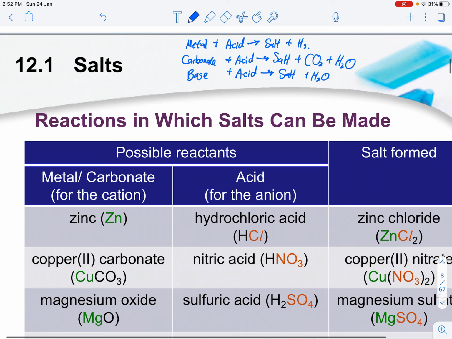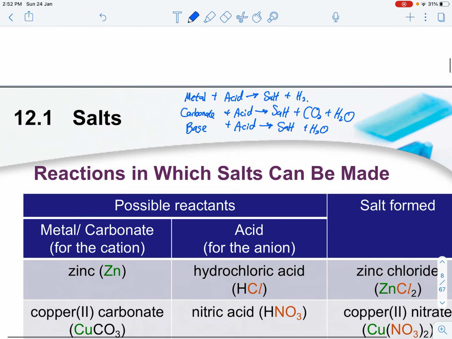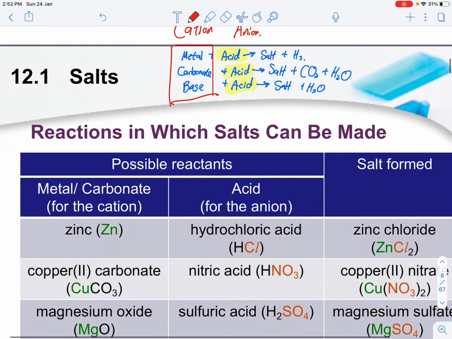So generally, these 3 reactions can fall into this category where the one that is consistent is the acid. Then of course the metal, the carbonate and the base will contribute your cation, and your acid will contribute your anion, part of the salt preparation.